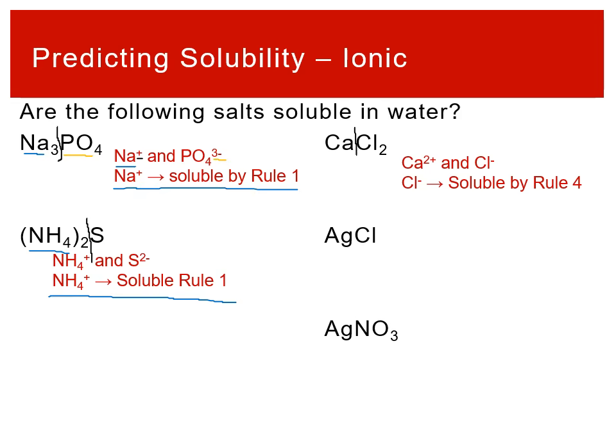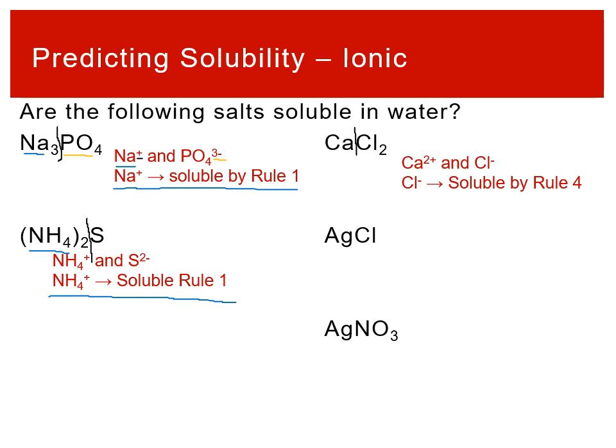Rule 2 is about some polyatomic anions. That's not it. Rule 3 is about silver, lead, and mercury. Those aren't here, so we get to rule 4. That's chloride, and chlorides tend to be soluble. So calcium chloride is soluble, by rule 4. So chloride is kind of encouraging this compound to dissolve in water.